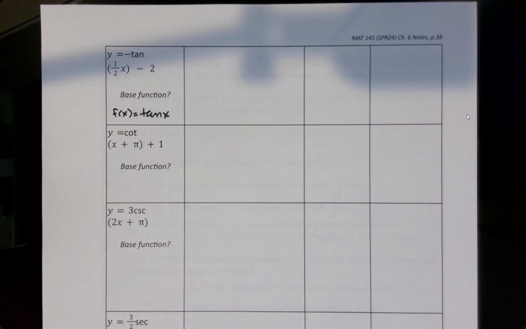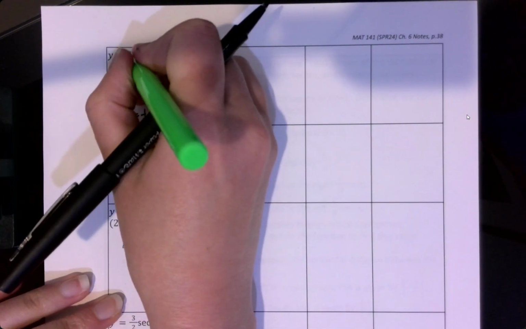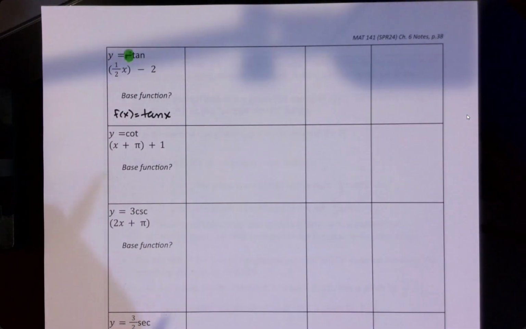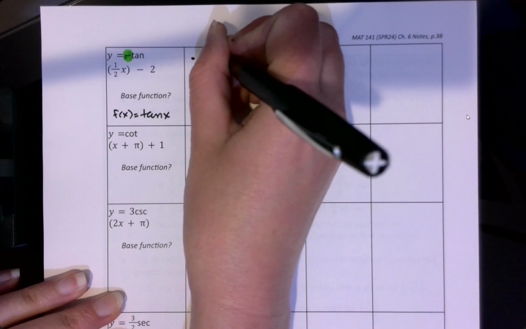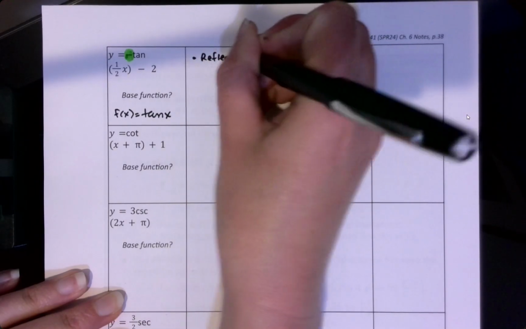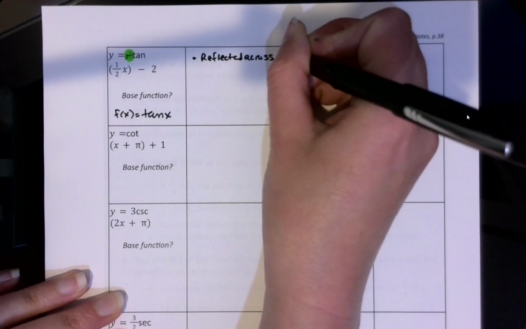Looks like the box was a little too small. It couldn't all fit on one line, but we have a couple transformations. So the first transformation, this negative, is going to be a reflection across the x-axis.